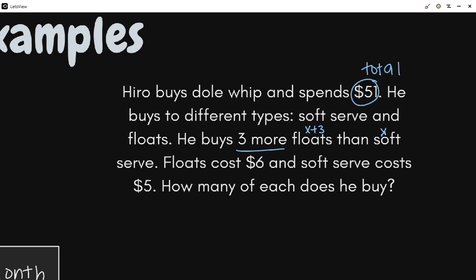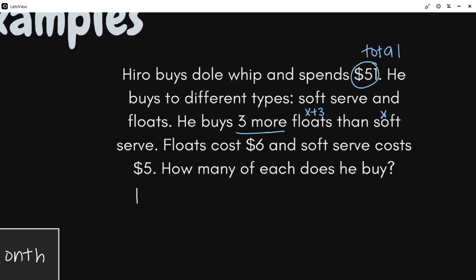And we're given the price for the floats and the soft serve. So we're going to let x equal the number of soft serve. Since the total is a money amount, that means we have to multiply the cost of the floats and the soft serve by the number of floats and soft serve that we buy.